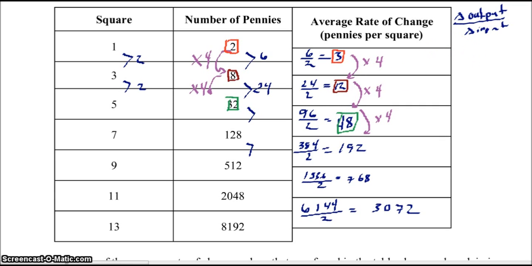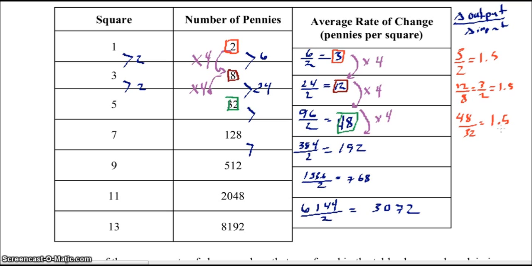Let's see, 3 divided by 2 is 1.5. 12 divided by 8 is the same, 1.5. 48 divided by 32 is also 1.5.